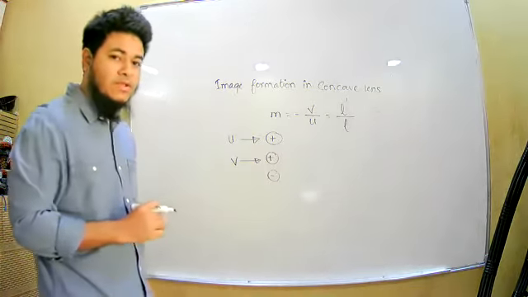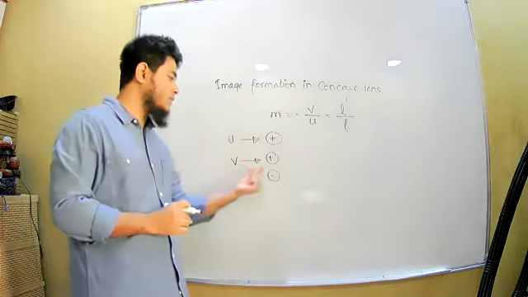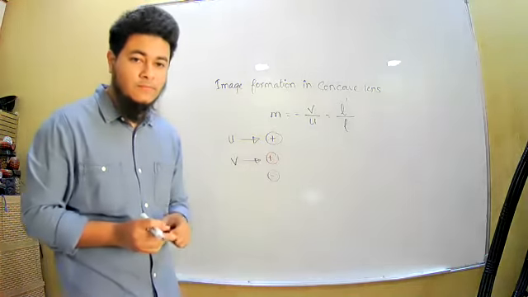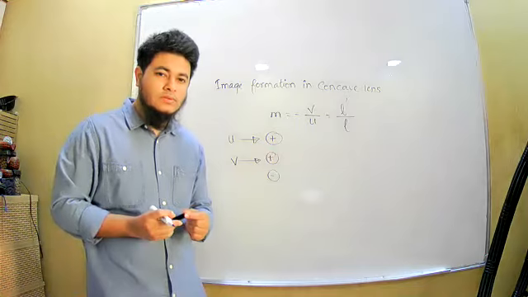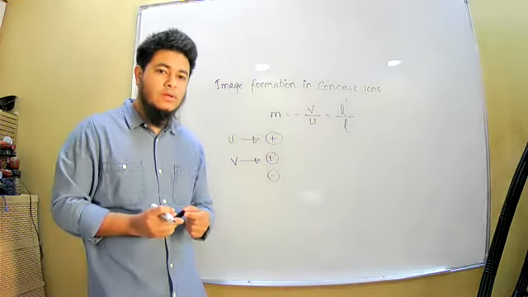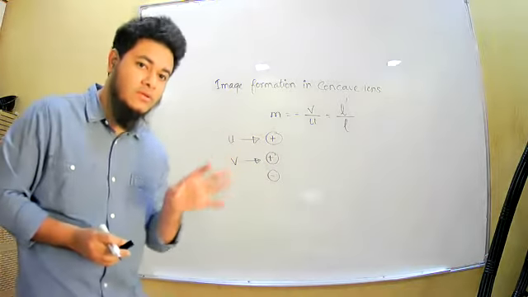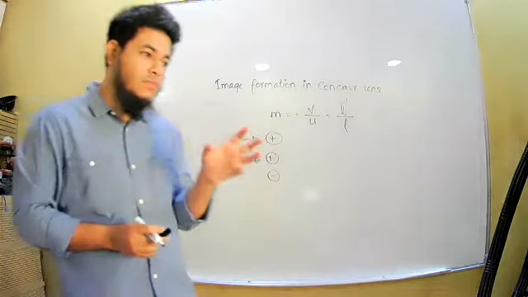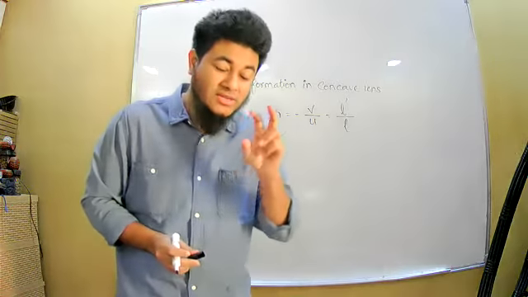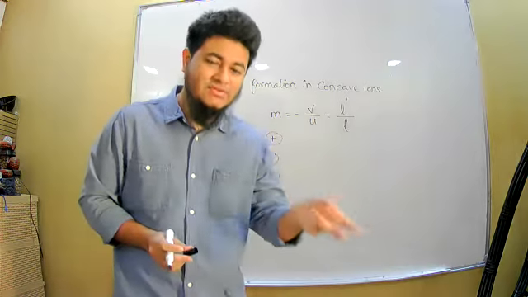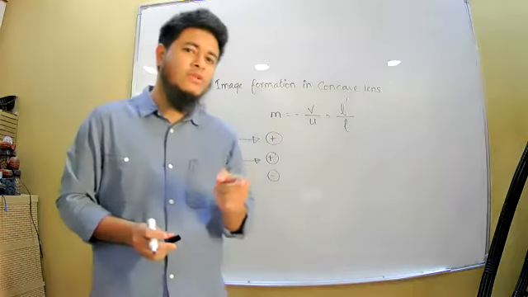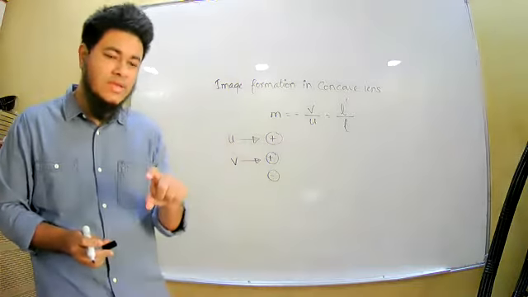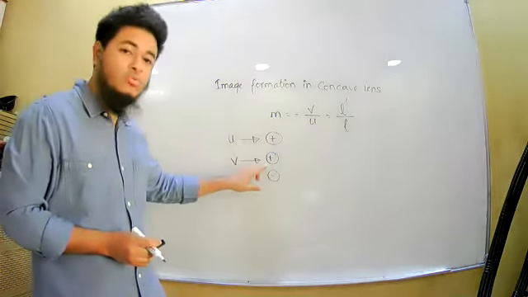If you remember, can you tell me when the distance of the image is considered positive? When it is in front of the mirror. Yes, this is for the mirror. But when it is in front of the mirror, what is the nature of the image? Is it real or virtual? Real. That means whenever the image is real, we consider V to be positive.